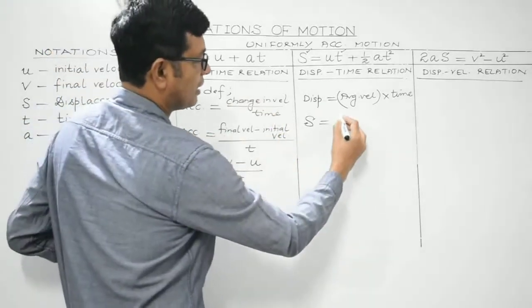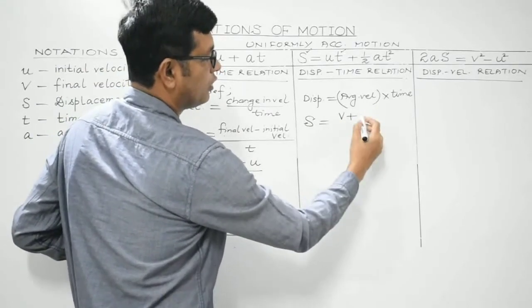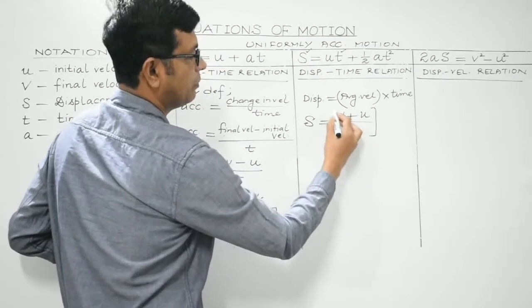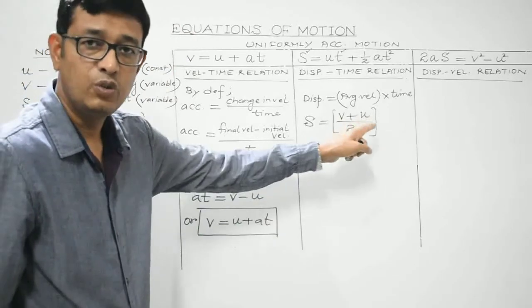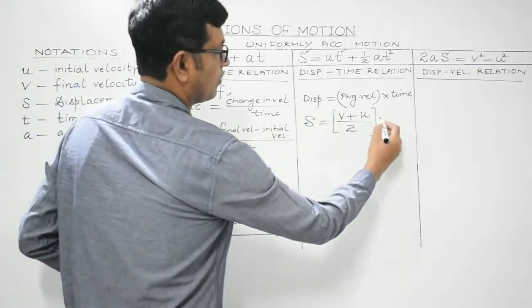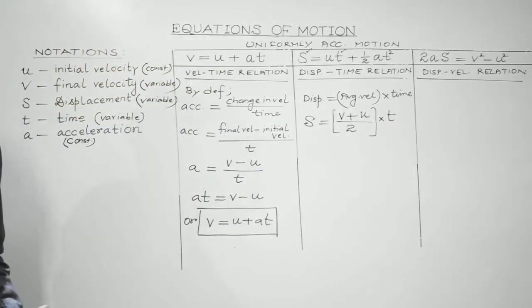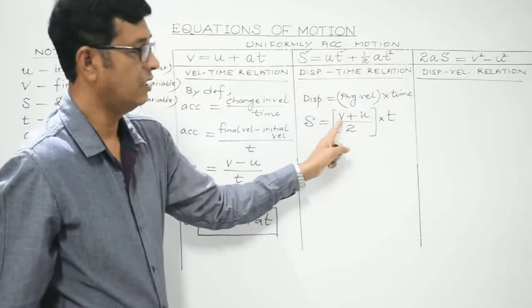So average velocity can be written as v plus u divided by 2. This is basically the arithmetic mean of u and v. Time. What is the time? It is t. Clear? Now, in order to prove this relationship, we need to eliminate v.